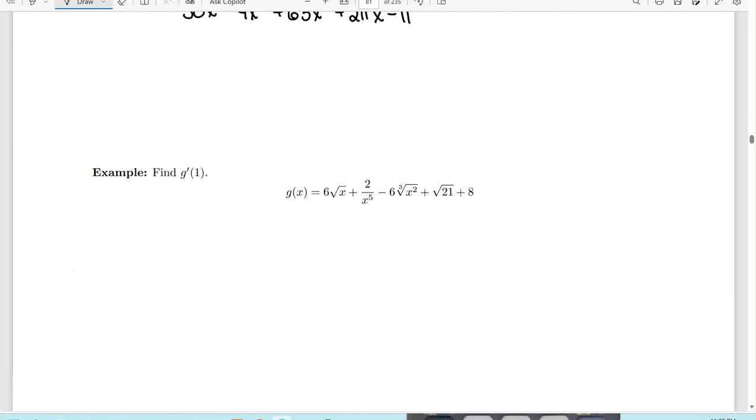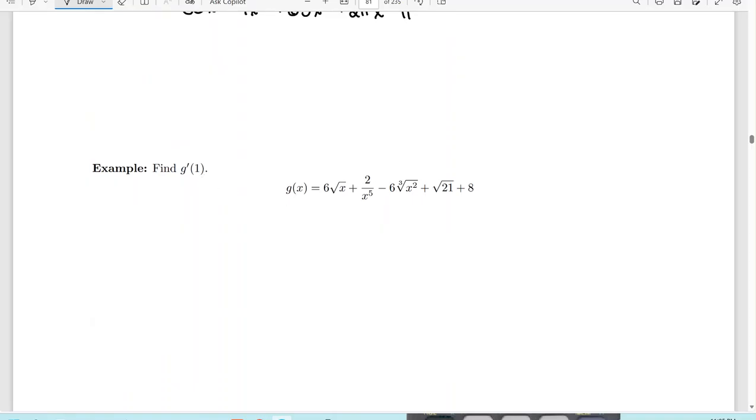Let's try one more on this page. We want to find g prime of 1. So we're going to find g prime of x first and then substitute the number 1 into our derivative. But before we find our derivative, we're going to rewrite our function. So this is still g of x. We're doing algebra here. I'm going to rewrite the square root of x as x to the 1/2 power.